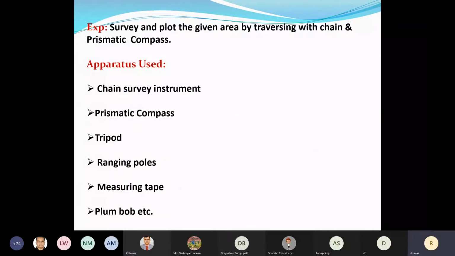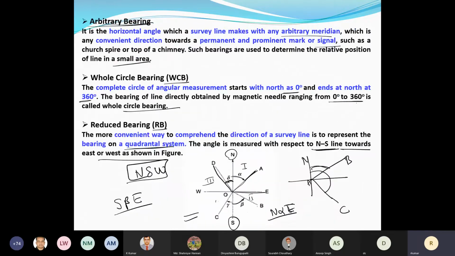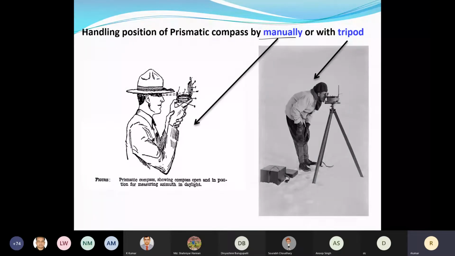Now, as our aim is to make the traverse with chain and prismatic compass, I think the instruments are clear. I think you don't understand the plumb bob. If I talk about the plumb bob, we hang a plumb bob to mark the center of the instrument.